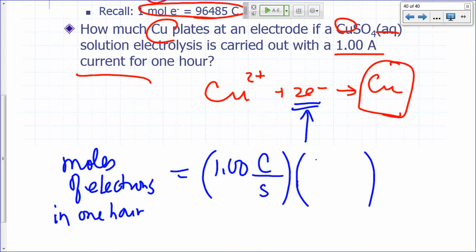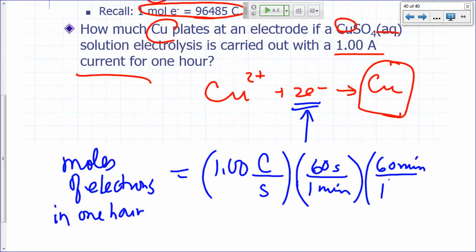So 1 coulomb every second times 60 seconds in 1 minute times 60 minutes in an hour. Seconds cancels out. How do you convert coulombs to moles of electrons?